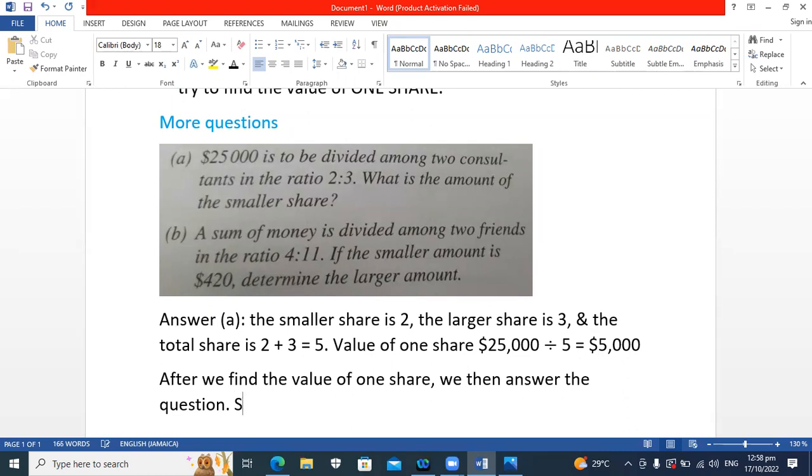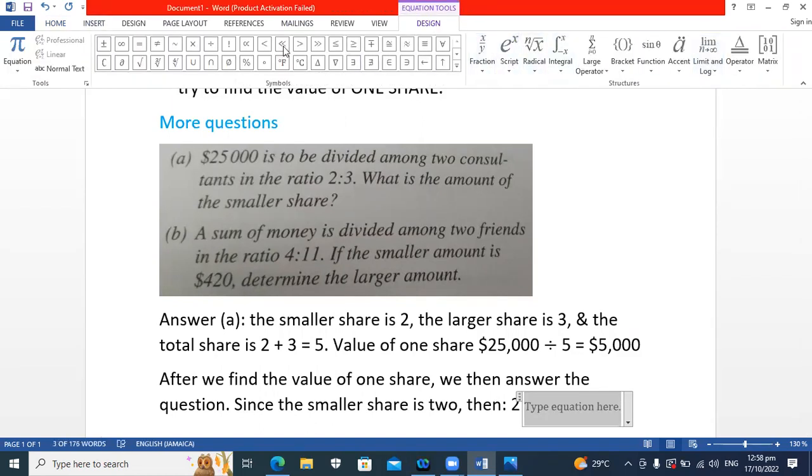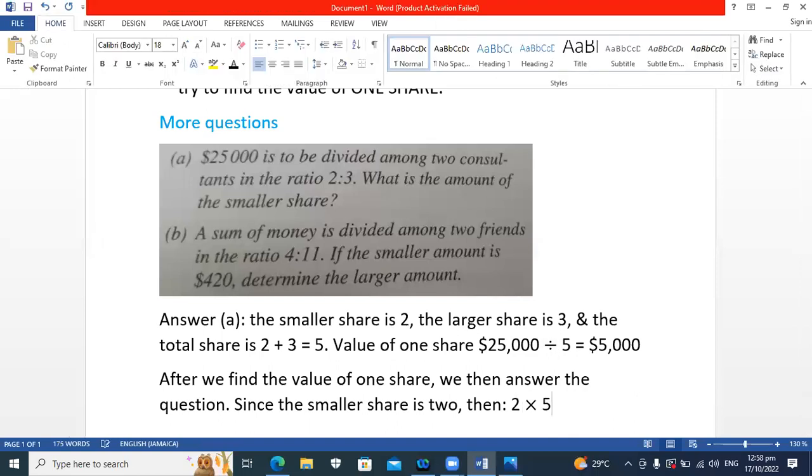So since the smaller share is 2, then it is going to be 2 times 5,000, true? Because 5,000 is the value of 1 share. So the answer is 10,000.